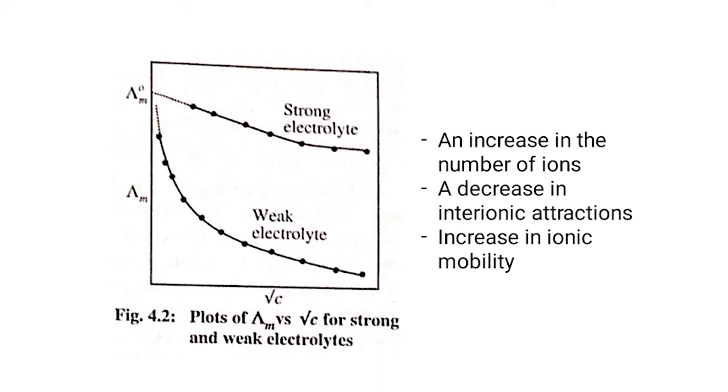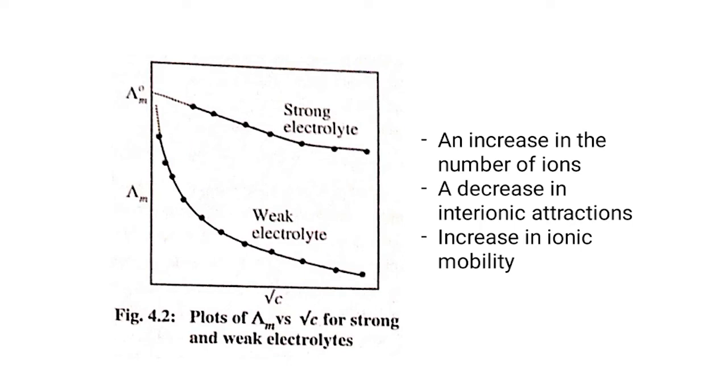So first we will see the case of strong electrolyte. For strong electrolyte, the molar conductivity is high even at low dilutions, since the ionization of electrolyte is complete. So with increasing dilution, the molar conductivity increases slowly or more or less steadily.